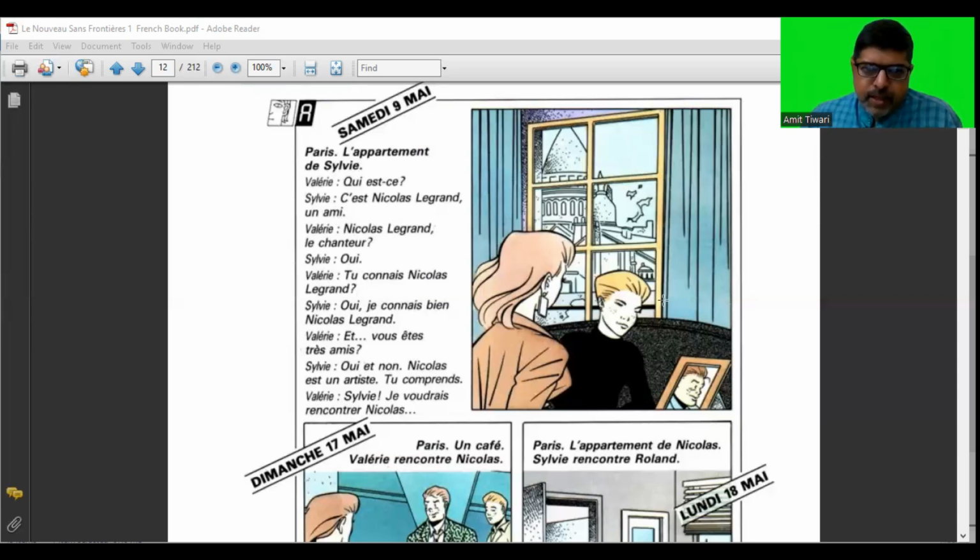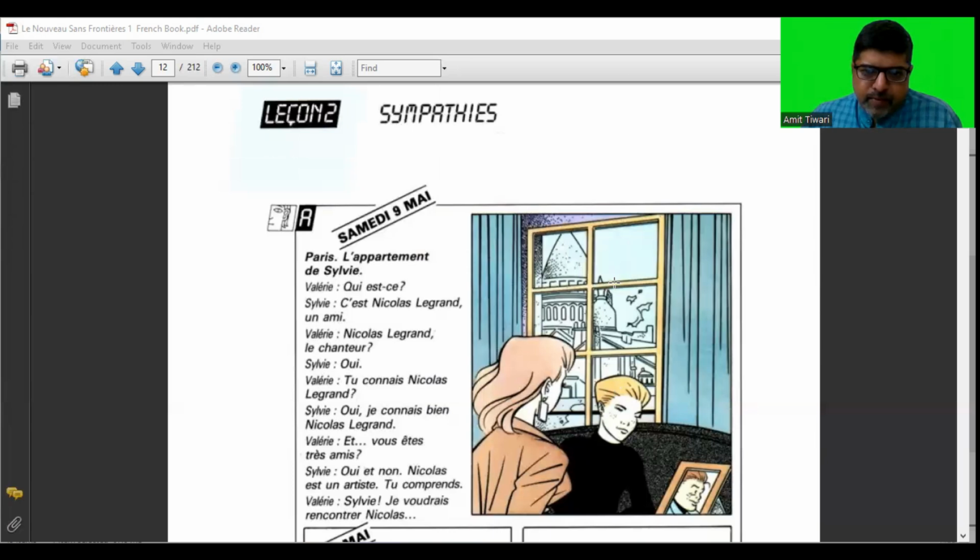This is a paragraph from a book called Le Nouveau Enfantillage Part 1. This is a famous French book used in Indian universities for learning French, by which most of us are able to learn beginners' French, or French for débutants. So let us read this passage in French.